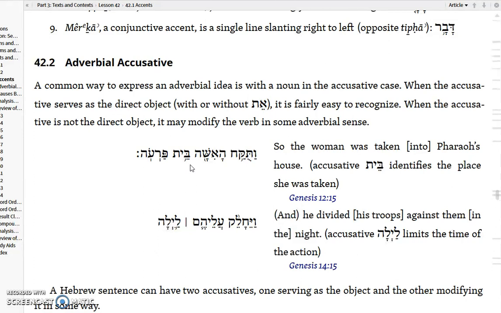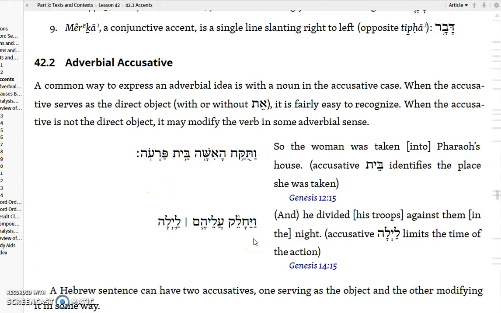It's almost as if you had the preposition ba attached to it, particularly with the word house. It's almost as if they got lazy, and instead of saying babet, you just let the bet do double duty. So the woman was taken into the house of Pharaoh, but this would be a case of an adverbial accusative. It's almost as if it had a directive hey attached to the bet.